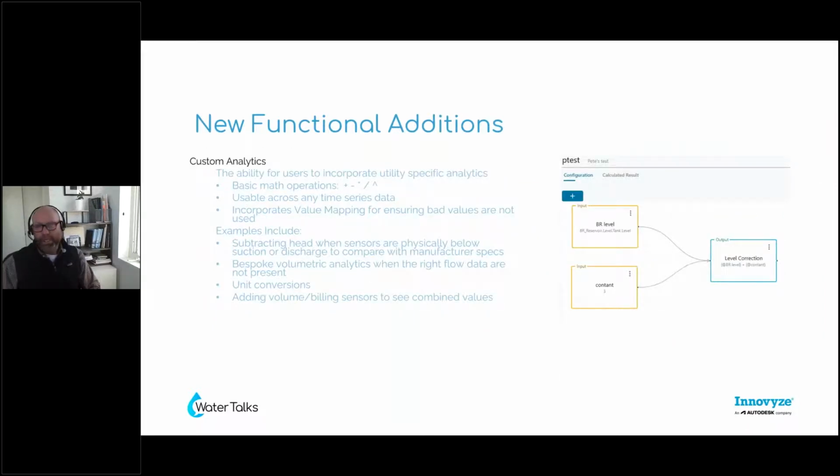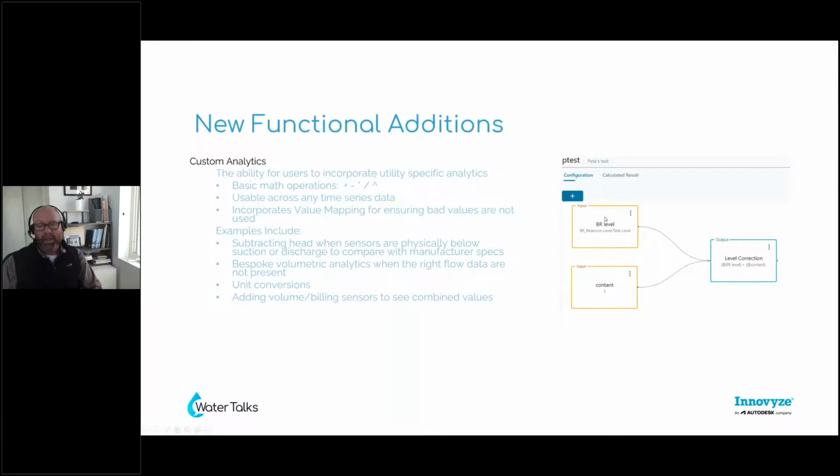Something I'm really excited about is we now have made available the custom analytic toolset to Insight. We're at our first version of this. We have ambitious tools for this going forward, but what you can use it for now is basic math operations.